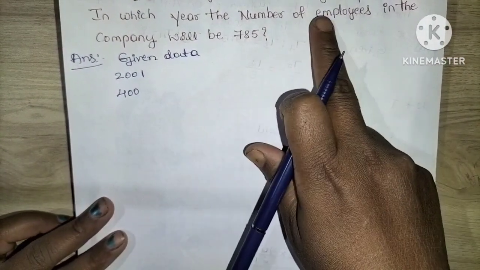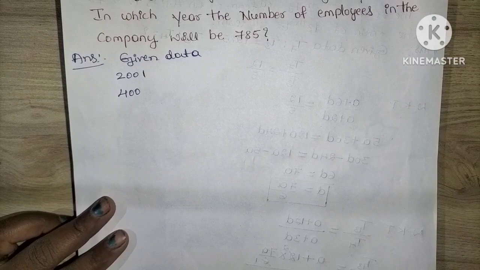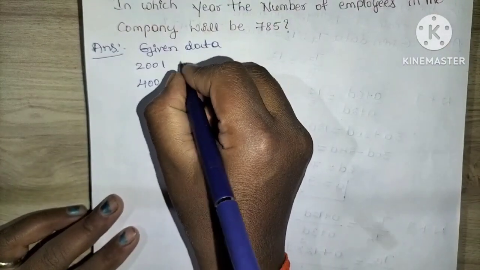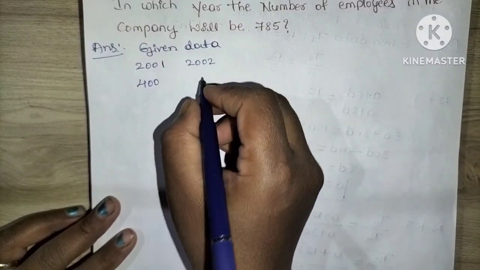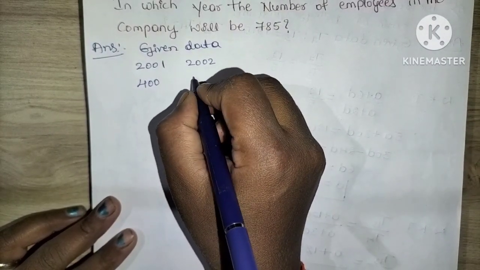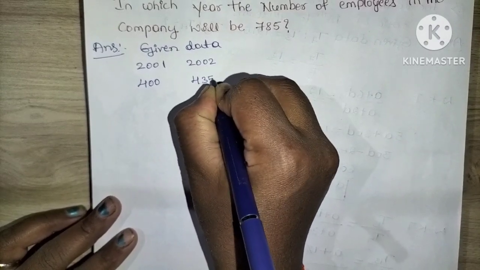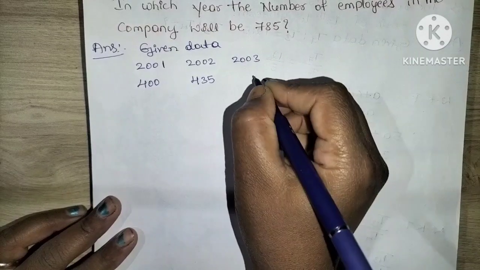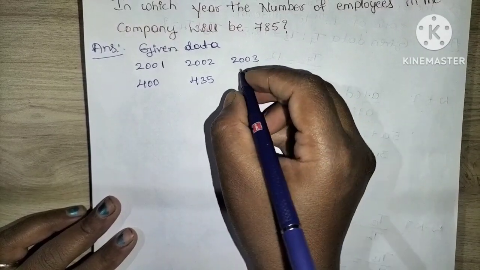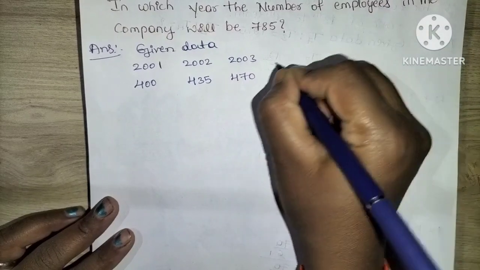Each year it increased by 35. So the next year, 2002, it will increase by another 35, 400 plus 35, 435. Again in the next year 2003, again 35 increases, means 435 plus 35, it will become 470.